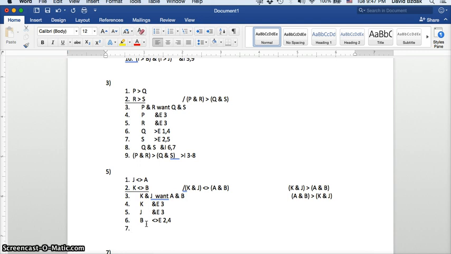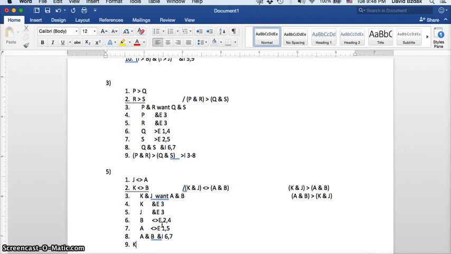Similarly, then we can get A by the biconditional elimination rule of 1, 5. It doesn't matter what order you do those in. Okay, so we want to get A and B, so now we just put those together with the conjunction introduction rule, 6 and 7, and that finishes our first subderivation, right?